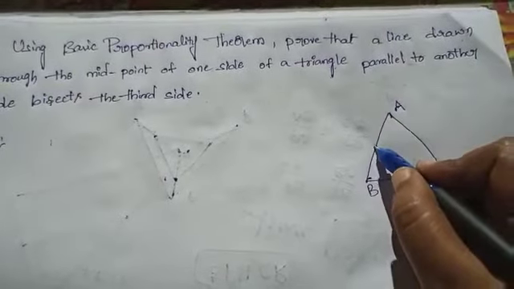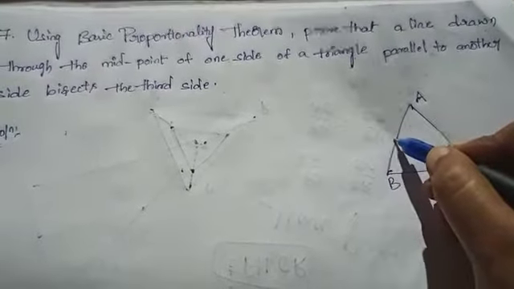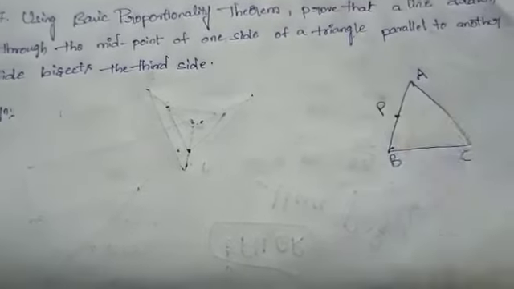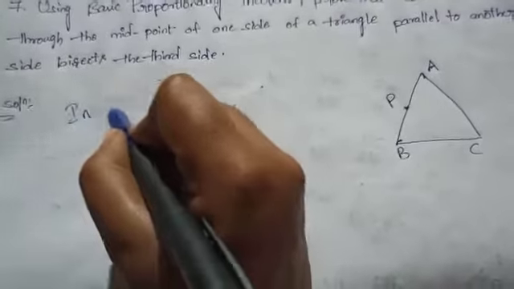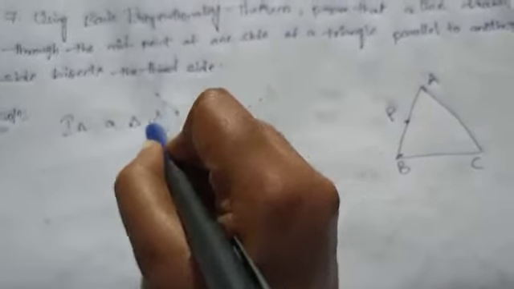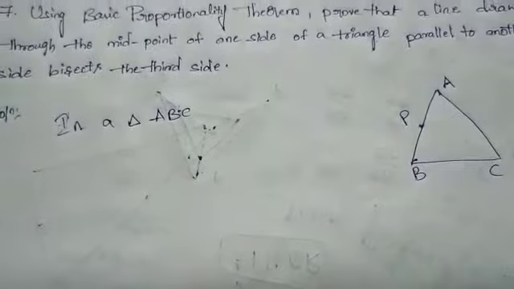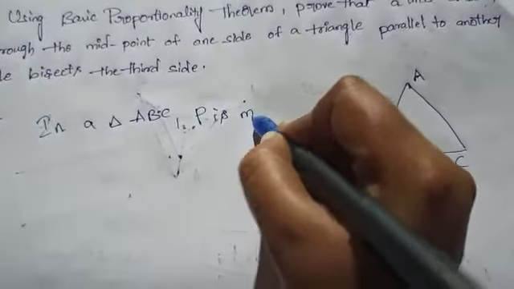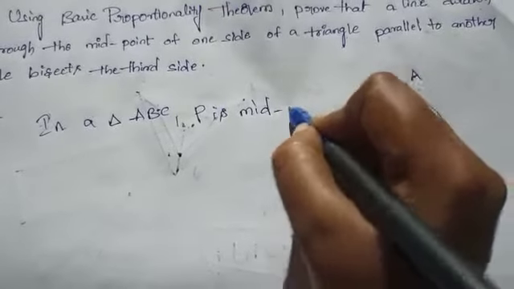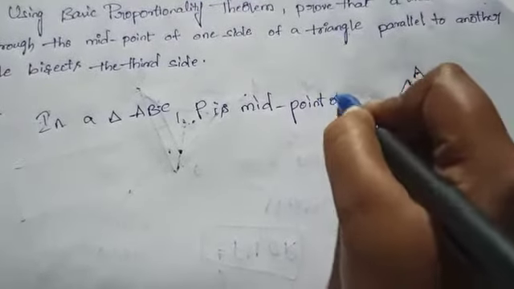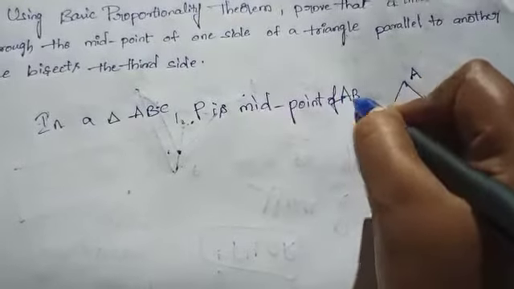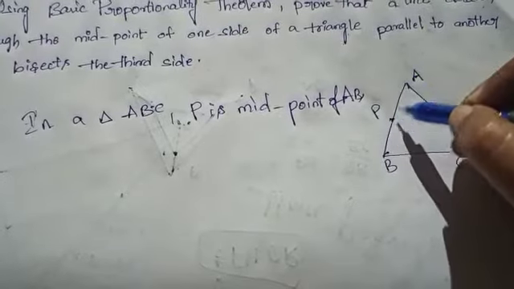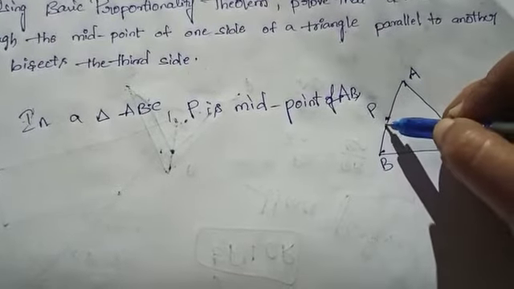Okay, here AB's midpoint is P. Let P be the midpoint of AB in triangle ABC. Midpoint of AB, okay, it means AP equal to BP.